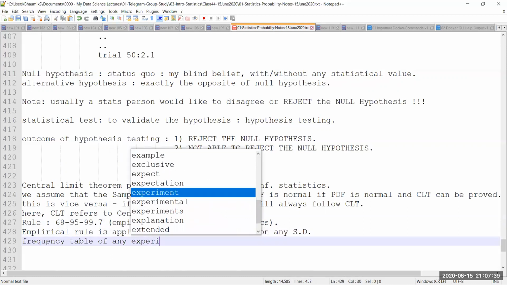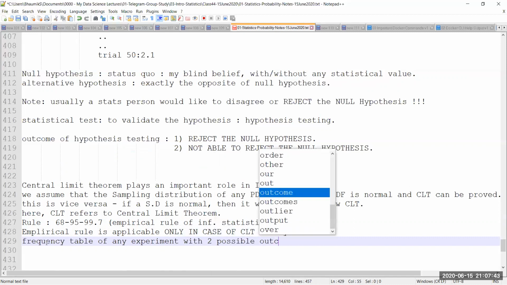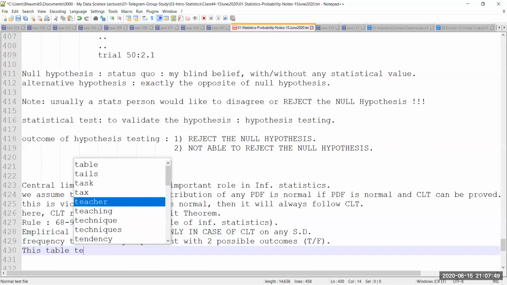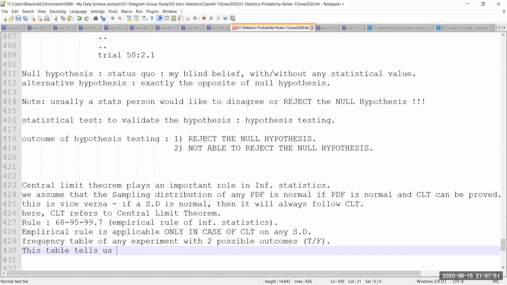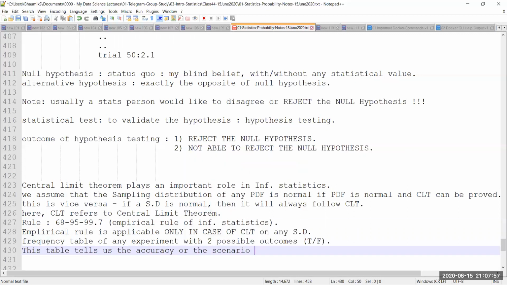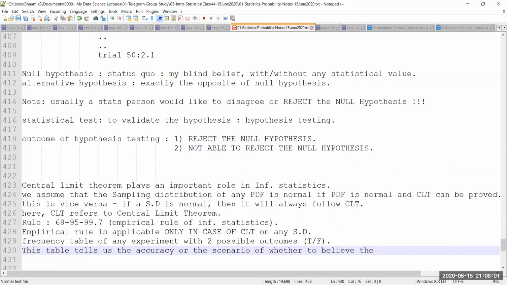Then I have looked into a table, which is nothing but a frequency table of any experiment with two possible outcomes, true and false. And this table tells us the accuracy or the scenario of whether to believe the null hypothesis.